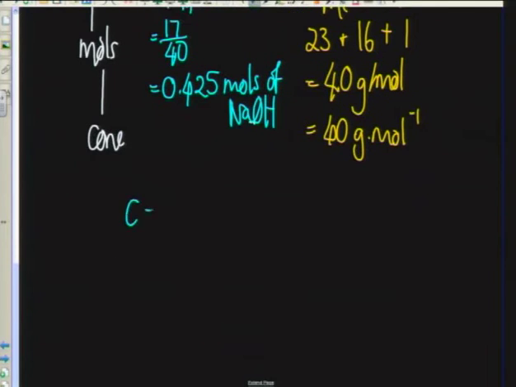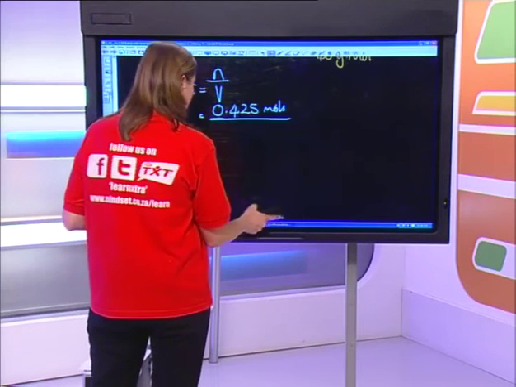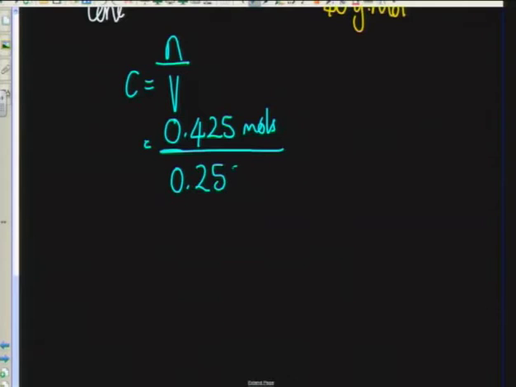Let's go. Concentration is equal to number of moles over volume. The number of moles, I worked that out. 0.425 moles. And that's divided by the volume. Watch out, we had to convert that volume. And the volume was 0.250 decimeters cubed.